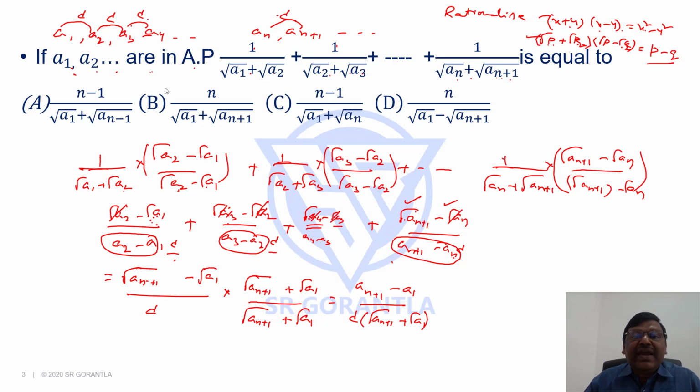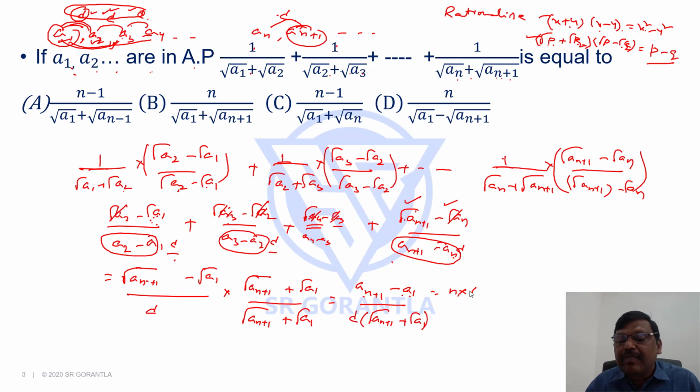But you know, an plus 1 minus a1 will be what? If you see a1, a2, there is a difference of d. If you look at A1 and A3, there are 3 terms, the difference is 2D. A1, A2, A3, A4, there are 4 terms, but there are how many differences? There will be 3D.